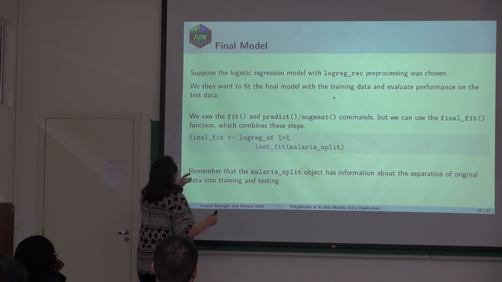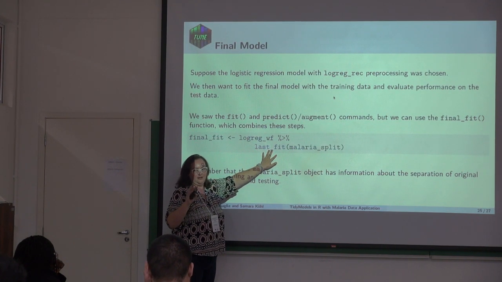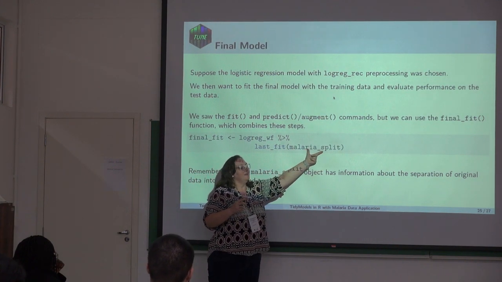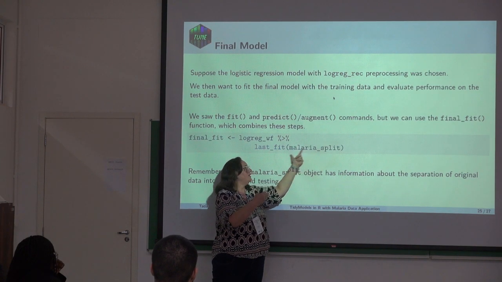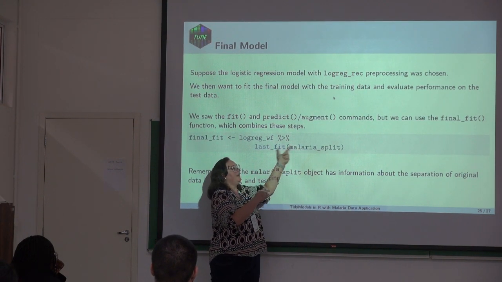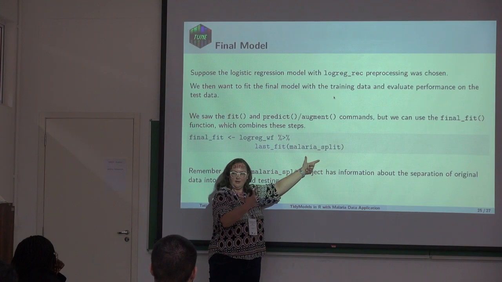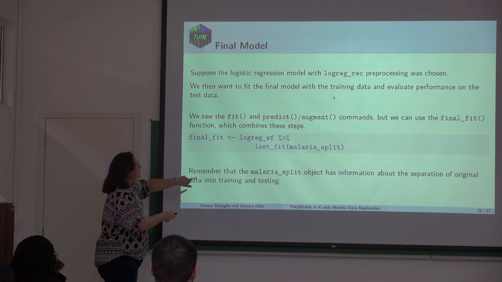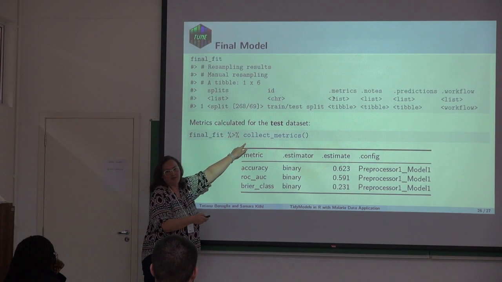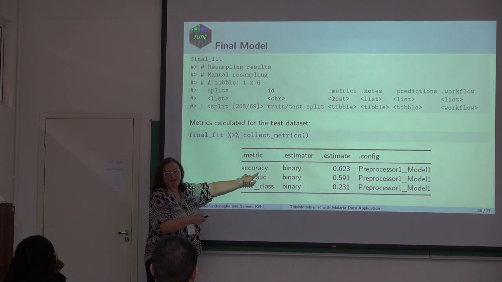I can use last fit, with, remember the first split we did, training and testing? What this last fit does is, okay, train on the training, and when I ask collect metrics, it's gonna already give me the test set results. So this is from the test set already.